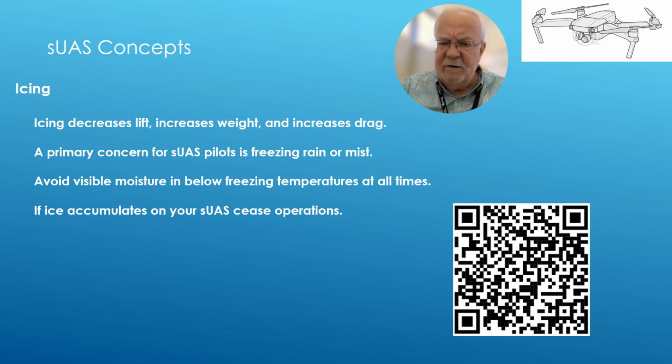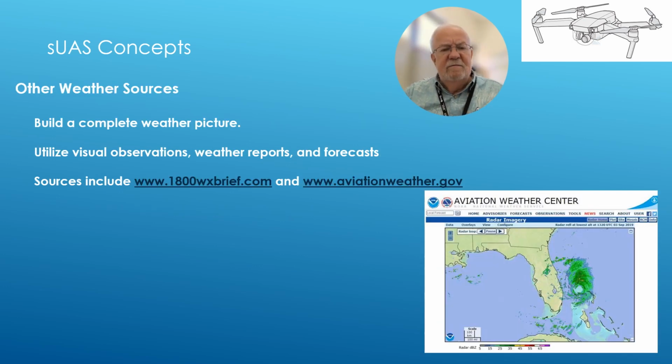Okay, keep going here. We have multiple weather sources that are all freely available. But again, it's our responsibility to form a weather picture, and that's part of our pre-flight obligation as professional pilots. We have 1-800-weatherbrief.com.